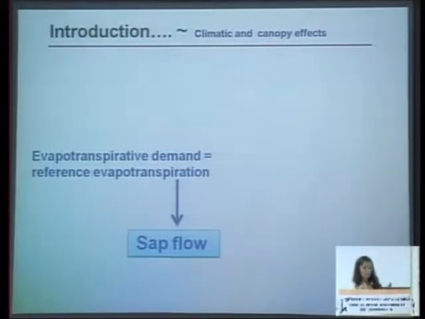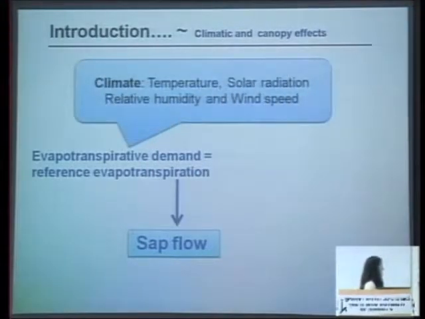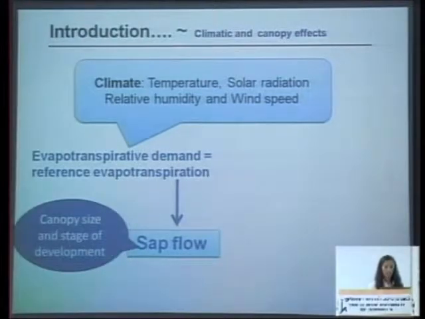So the canopy can affect the water requirement of the plant. The evapotranspiration demand is affected by temperature, solar radiation, relative humidity, and wind speed, and evapotranspiration is in the form of sap flow. So it can be affected by canopy size and stage of development of the trees.